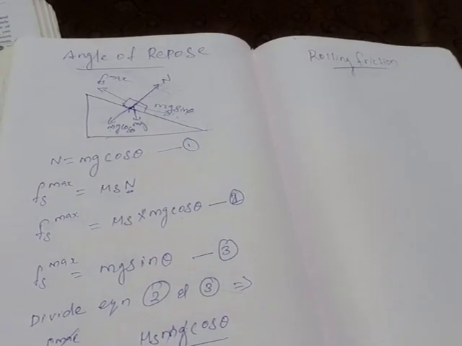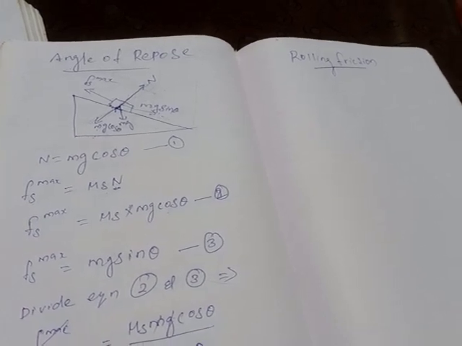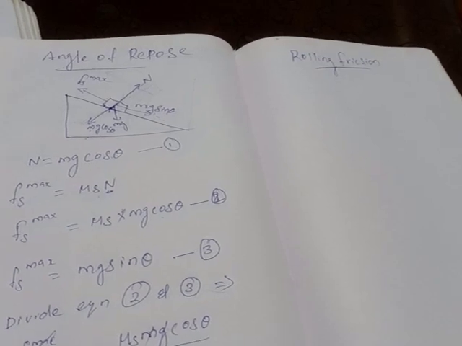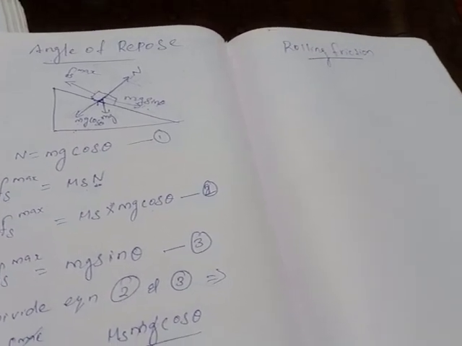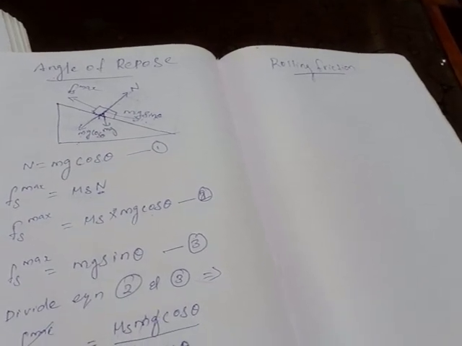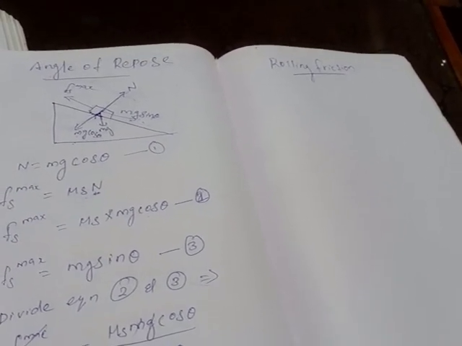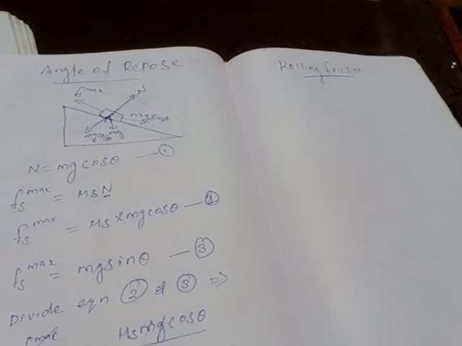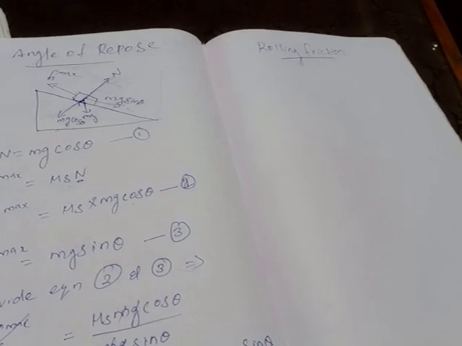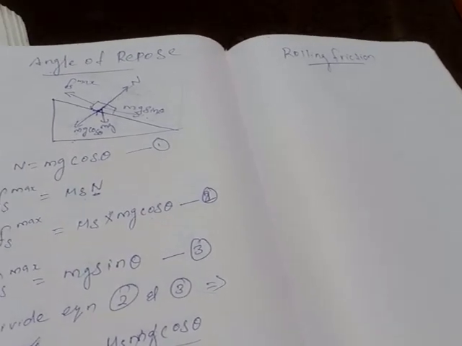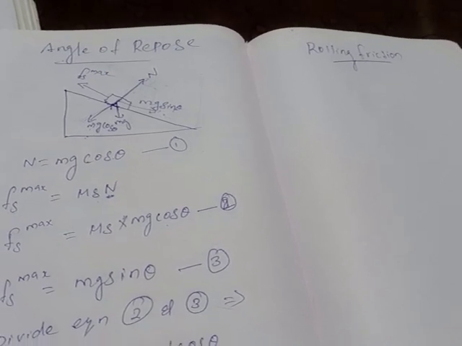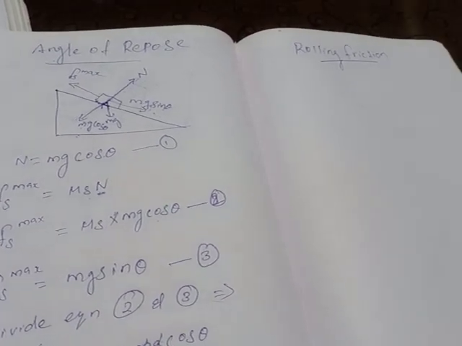When the wheel is rotating, the point on the wheel that is in contact with the surface is at rest. So there is no relative motion between the wheel and the surface, and the frictional force between the wheel and the surface will be very less.